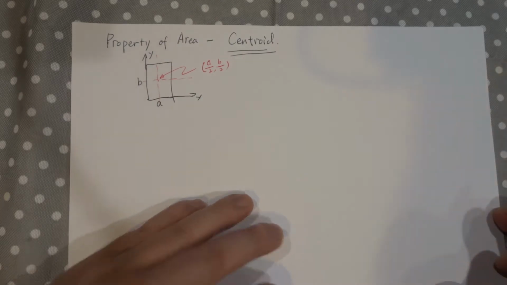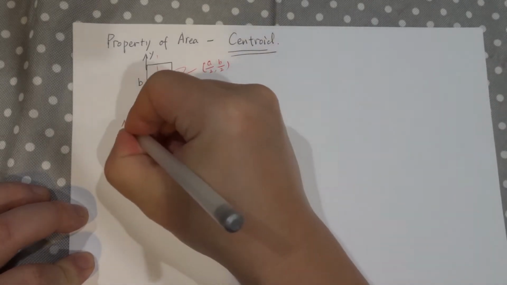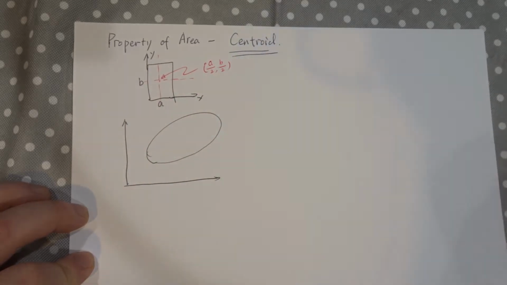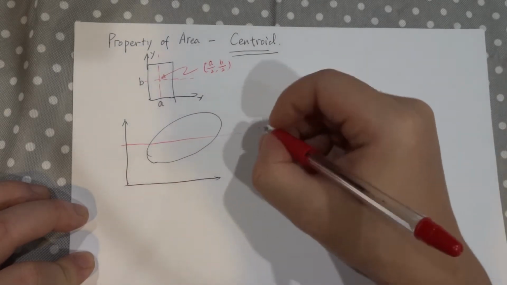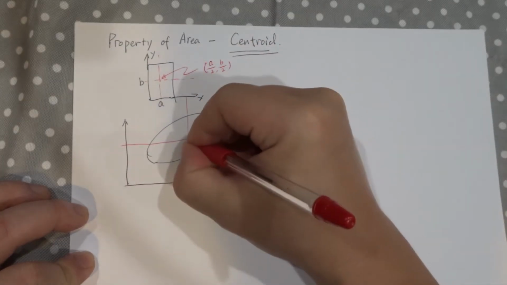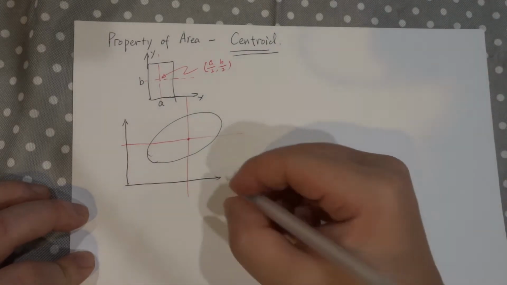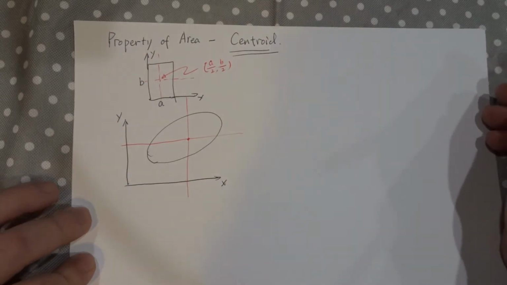And now what if we have a generic shape like this? Say a random shape. Now, what do we have to do to find out the geometric center of this random piece? We can first put it in mathematical terms.